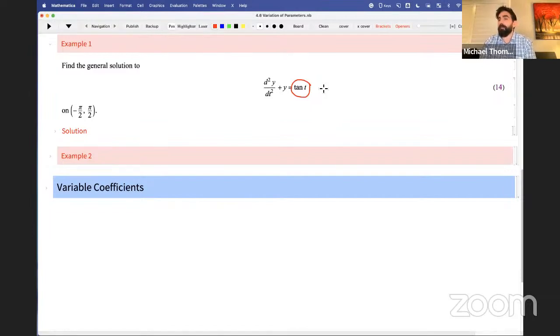What do you think? No, undetermined coefficients only works on polynomials, exponentials, sines, and cosines, right? Or products of those, or linear combinations using the superposition principle. So unfortunately, we can't use undetermined coefficients. All we have available to us right now is variation of parameters.